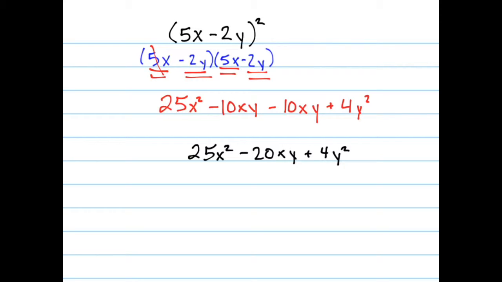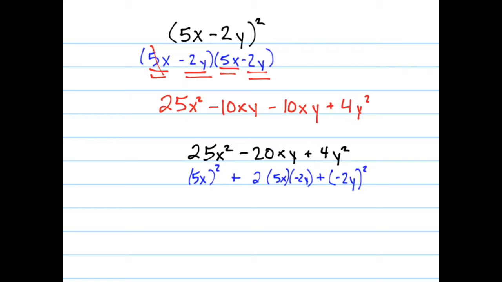So like I said, this is a special product. So recognize that that 25x squared is 5x squared. And the 4y squared is negative 2y squared. And the negative 20xy comes from 5x and negative 2y times 2.